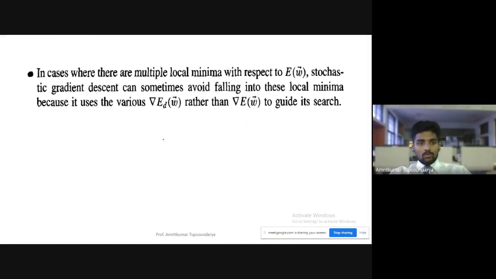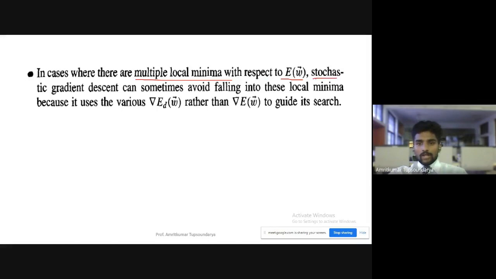Right. So another case wherein we can clearly point out the difference between the standard gradient descent and the stochastic gradient descent is, let's suppose we have multiple local minima, as I said previously. Let's say we have multiple local minima with respect to that error vector, the error for that respective weight vector.